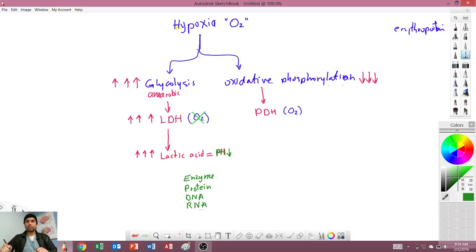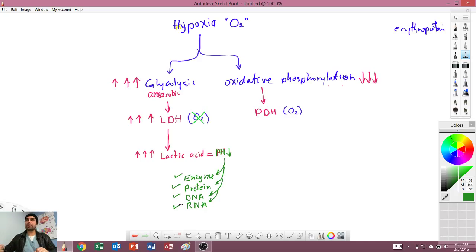Yes, a combination of protein and RNA. So low pH causes denaturation of these, and in the cell you will see chromatin condensation and chromatin damage. At the end of the day, with too low pH, your enzymes, proteins, DNA and RNA are damaged. That's not a good thing. So that's what hypoxia can do.